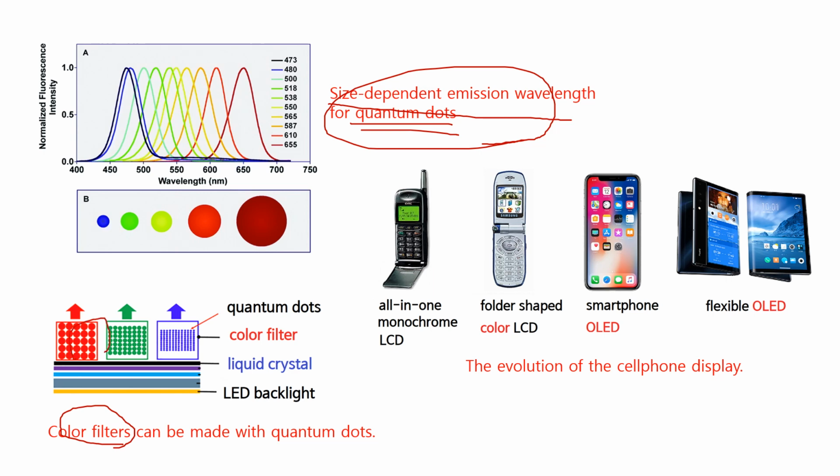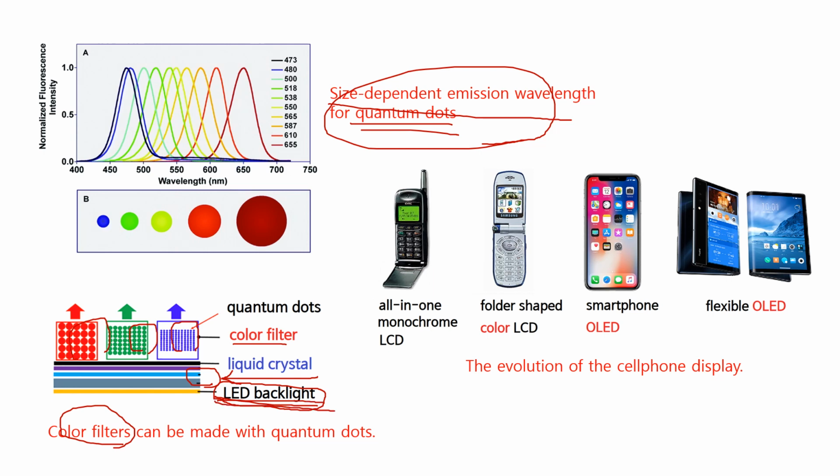So quantum dot is used for color filters in LCD TV. So liquid crystal is here, and an LED backlight is used.